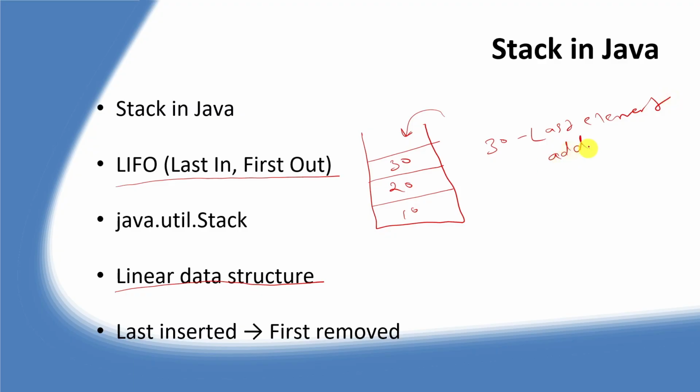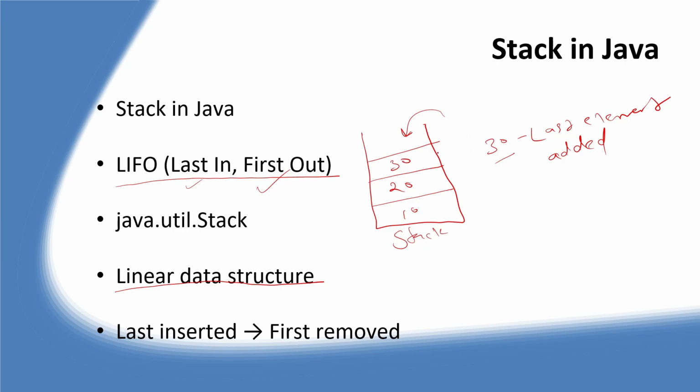added. So this principle is saying last in means the element which was inserted last, that is 30, will be first out. That means out of this stack, let's say I added 3 elements. Now I want to pop the element. Pop means remove the element. So which element will get removed first?